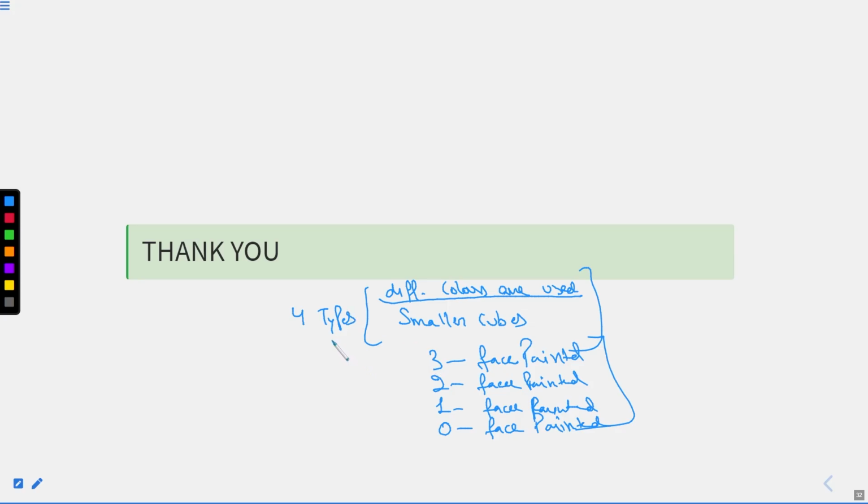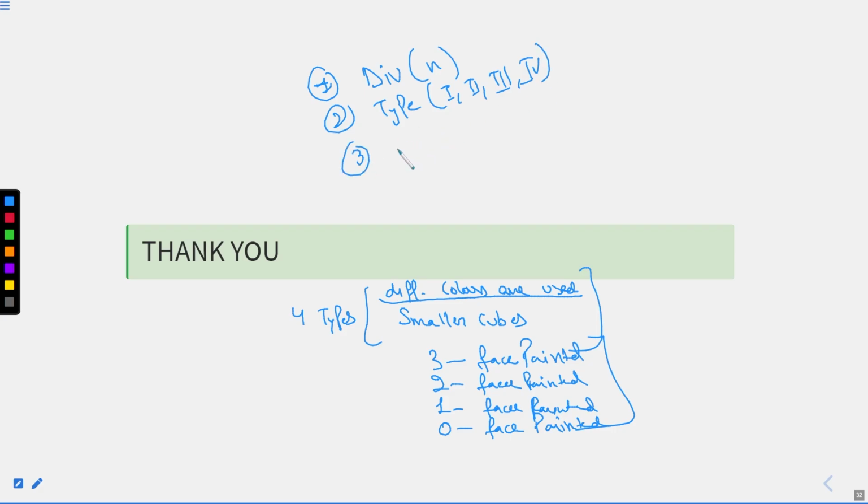Okay, as soon as you find a problem in which we are dealing with small cubes and bigger cubes, the first thing you need to find out is the division. That will be marked with the help of n, right? First will be division marked with n. Second will be type, either first, second, third or fourth: which type that particular square or cube belongs to.